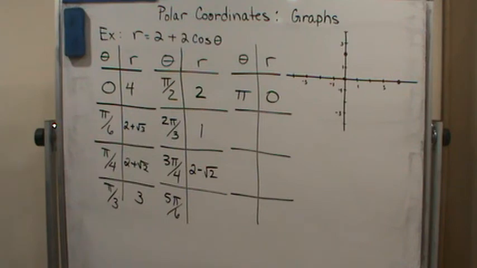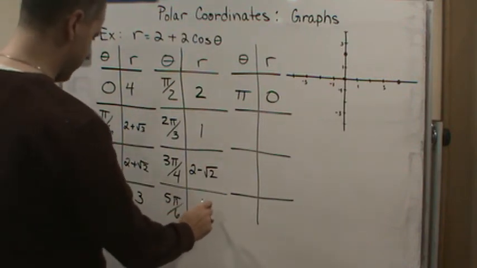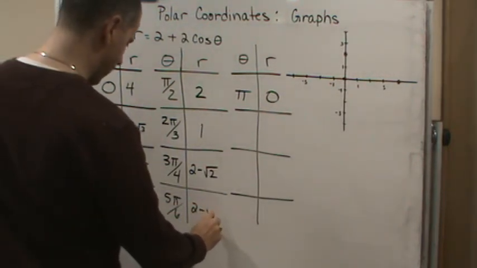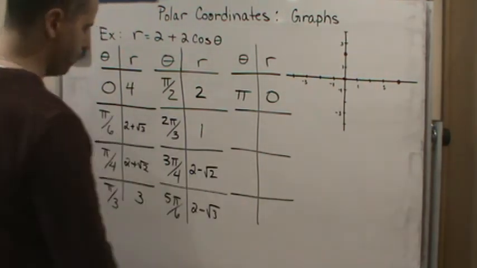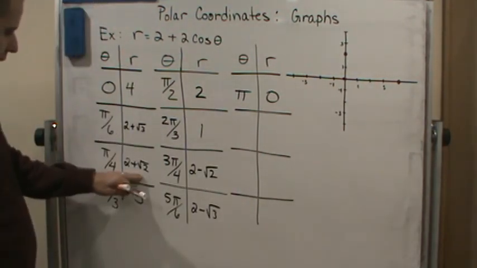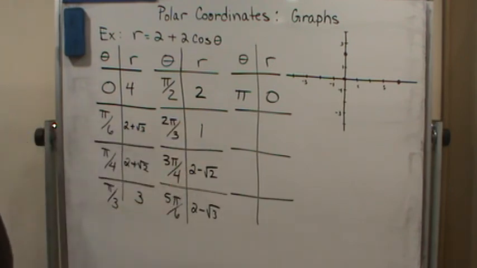Yeah, that makes sense. And then this one here is going to be 2 minus the square root of 3, and then 0. So again, you could plug these into your calculator and get approximate values.